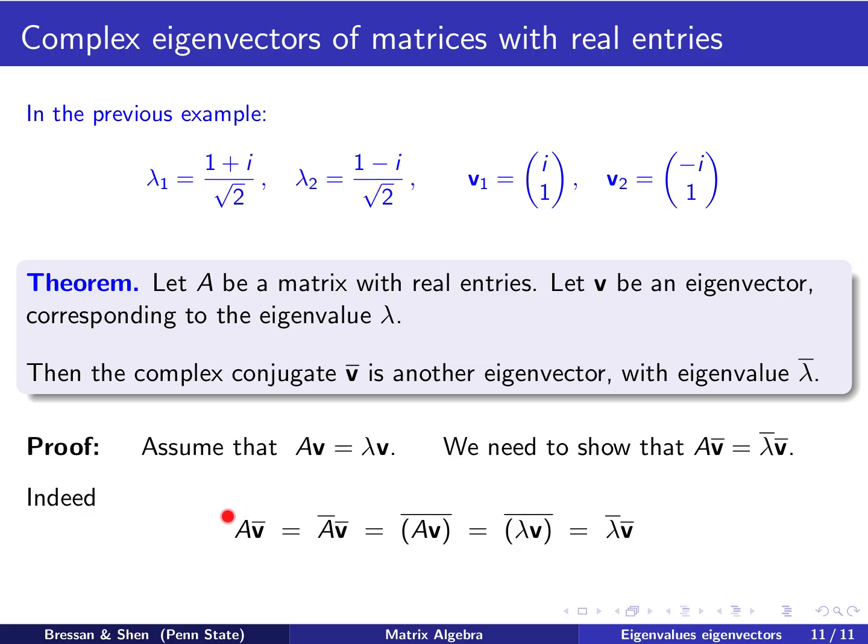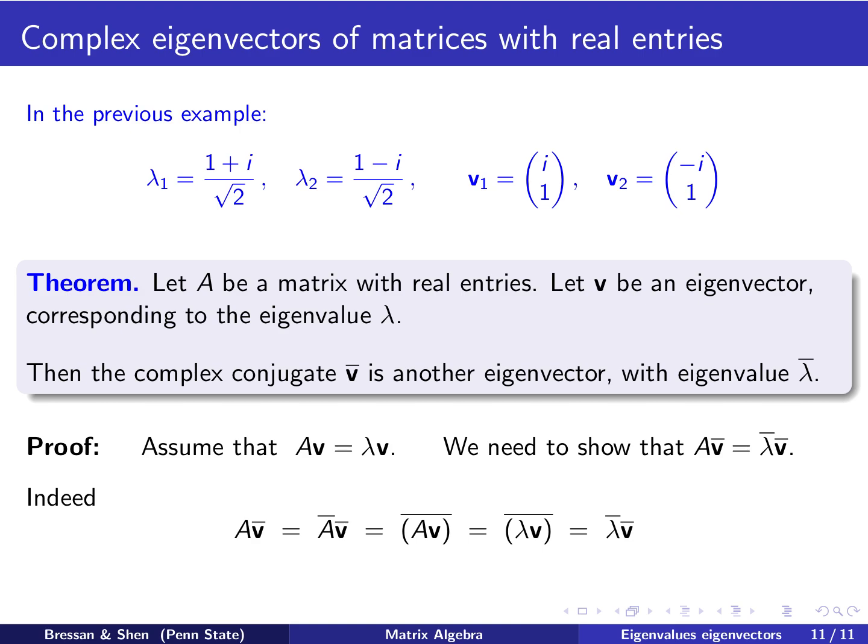So we have this left hand side, A times v conjugate, and then we observe that A has real entries, therefore A is equal to A conjugate. So we have that first step. And then we can use the property of the product of the conjugate, and A conjugate times v conjugate is exactly A times v, and you take the conjugate afterwards.